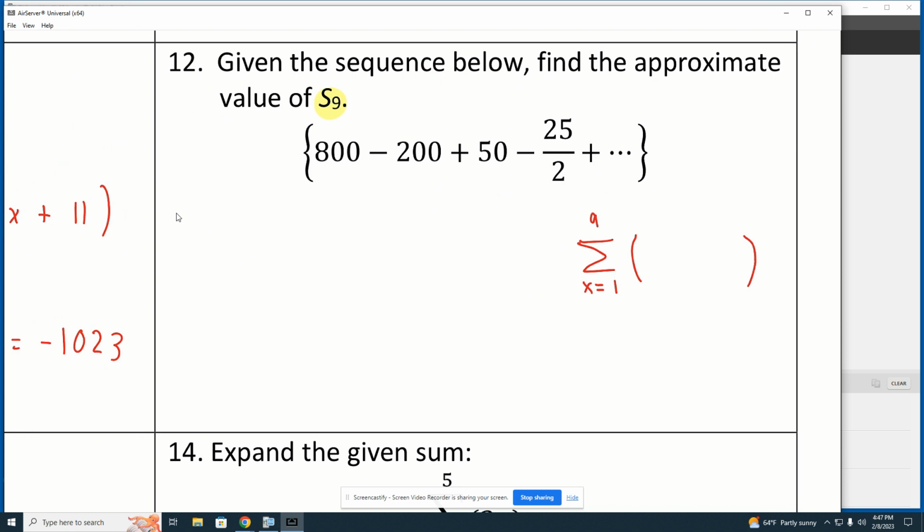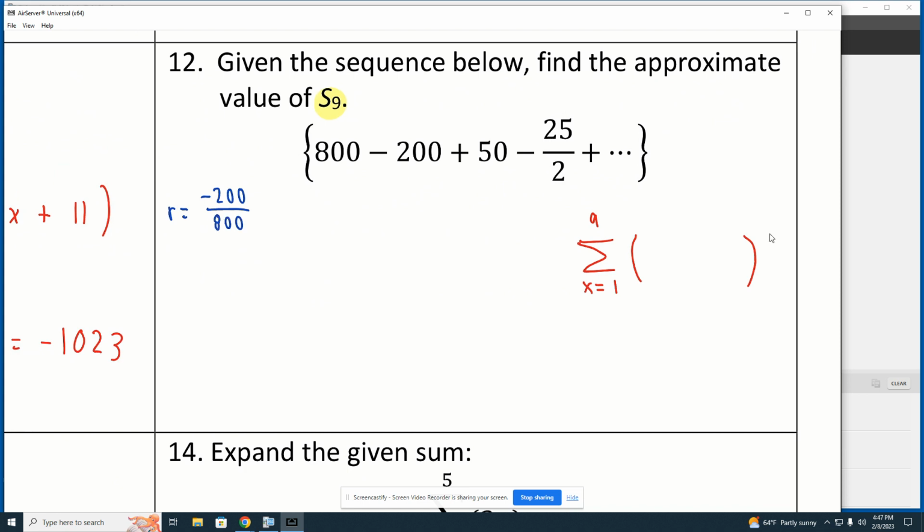Let's figure out the sequence. Well, notice, guys, it's going from positive 800 to negative 200 to positive 50 to negative 25. We talked about that. The only thing that allows me to do that is a geometric sequence. So I'm going to get my common ratio by taking my second term, that's negative 200, and dividing it by my first term, that's 800.